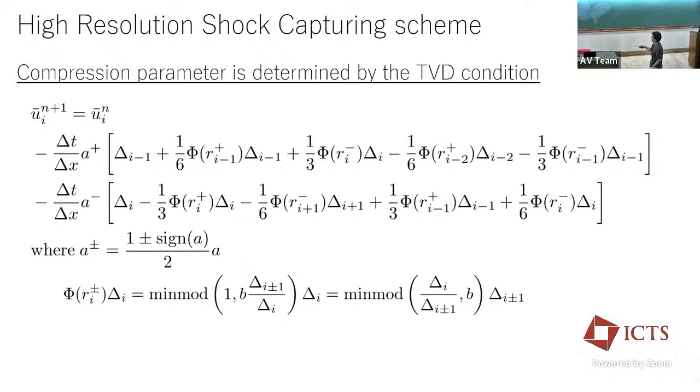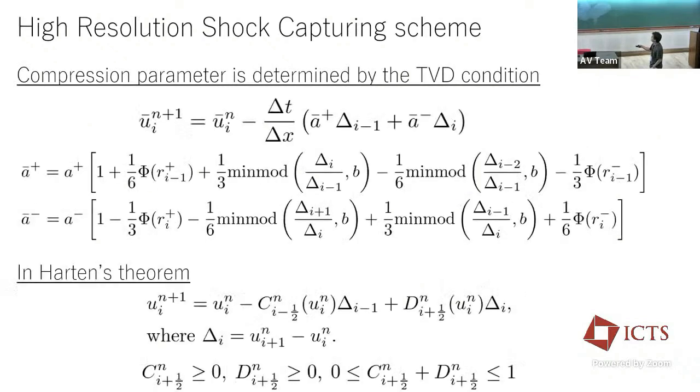So by using this expression, you can rewrite this one, this one, and this one. Then finally, you get the MUSCL scheme is given by this one.